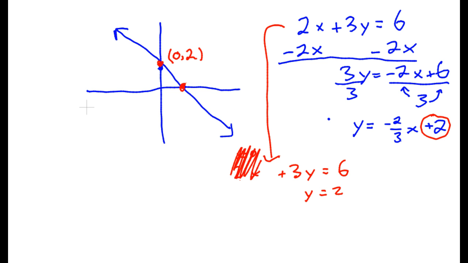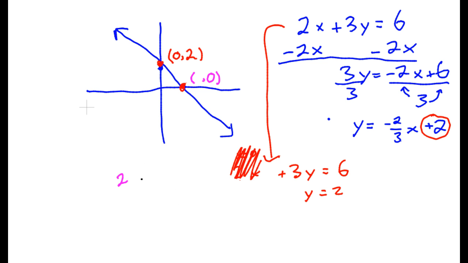But I can also do the same thing for the x-intercept. The x-intercept is very similar, only that the y value is 0. So it's some number comma 0 because it's on the x-axis. So instead of plugging in 0 for x, I can plug in a 0 for y.